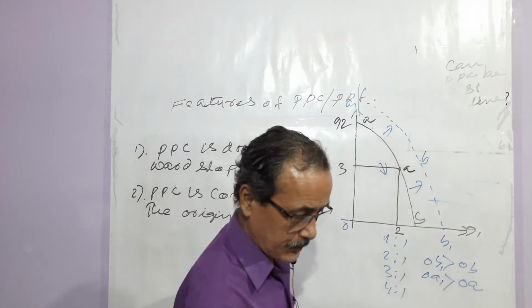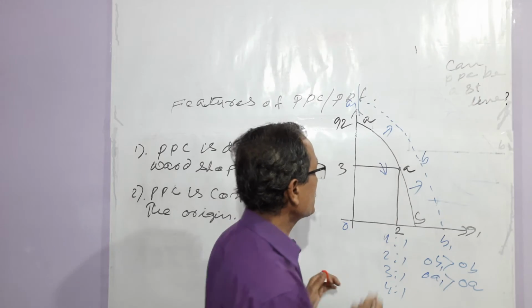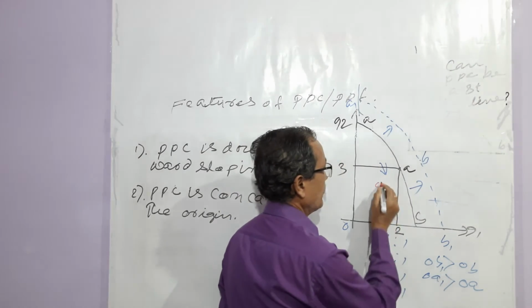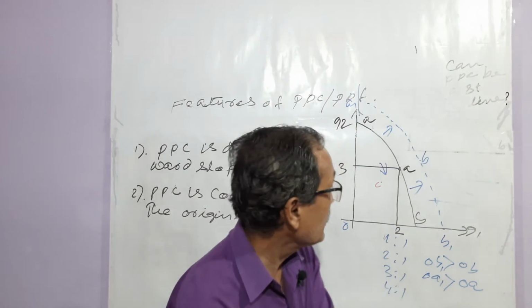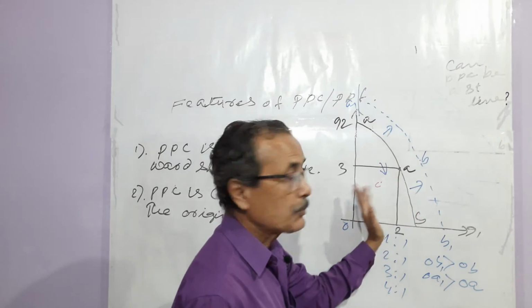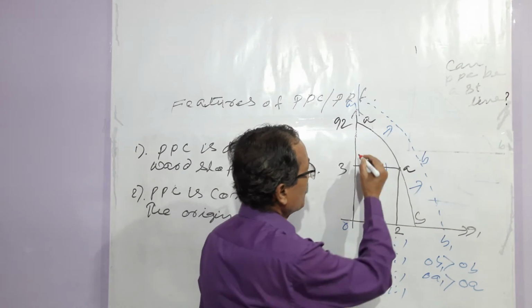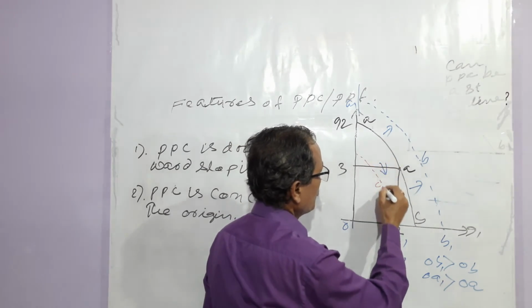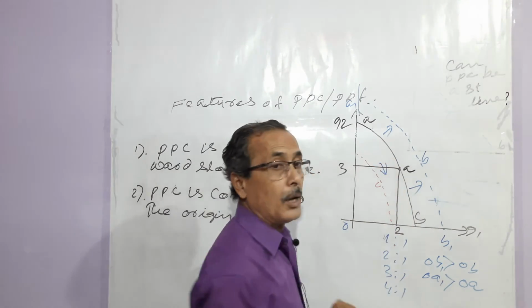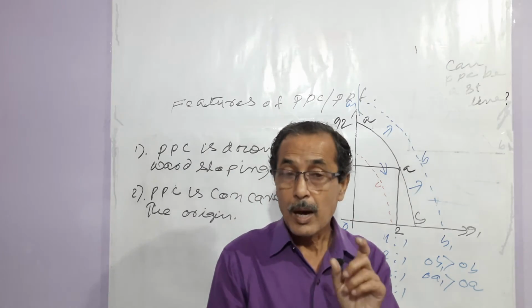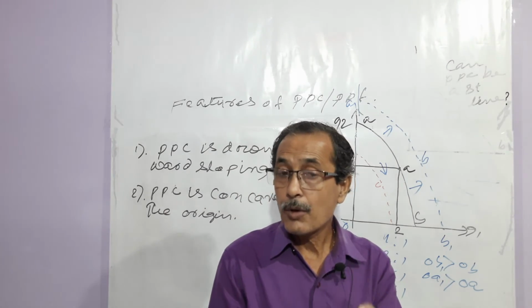On the other hand, if you come to this place, say if you take the point C, where does it lie? This point C lies to the left of point A. If the point is on the left side, if you take point C, see what is happening. This is called underutilization of resource.